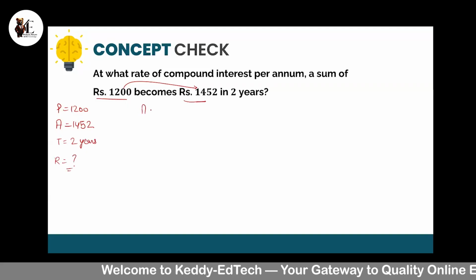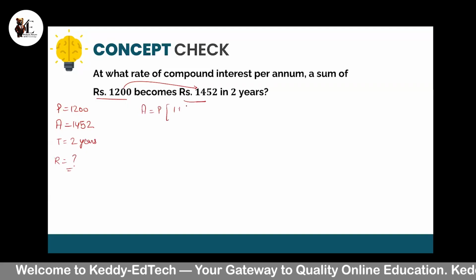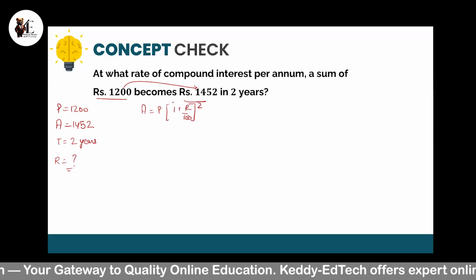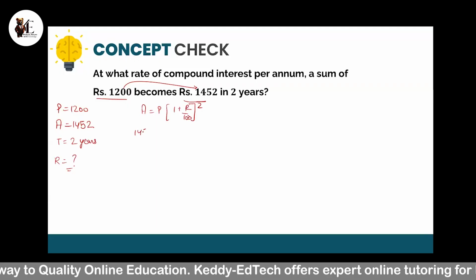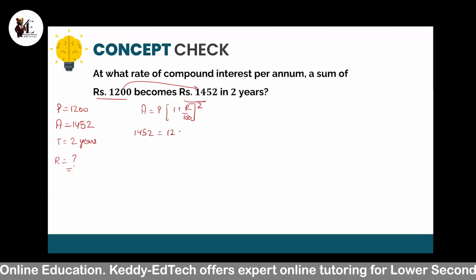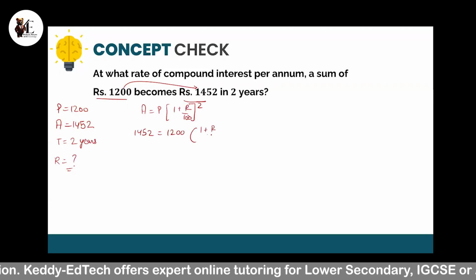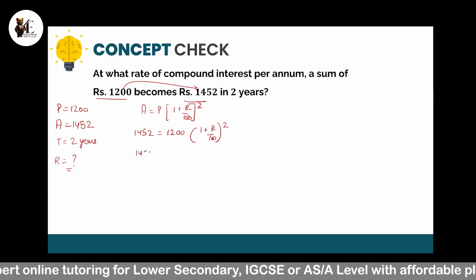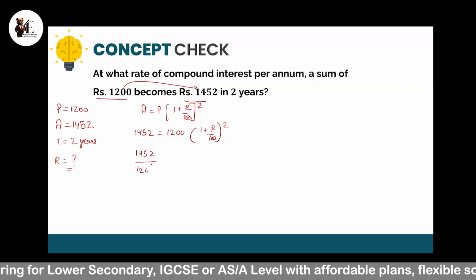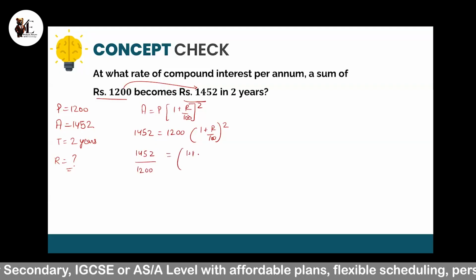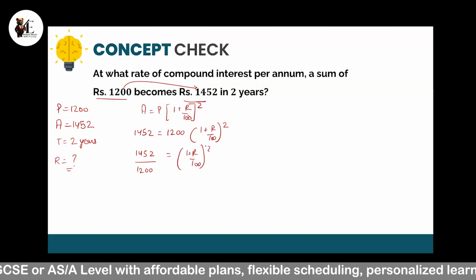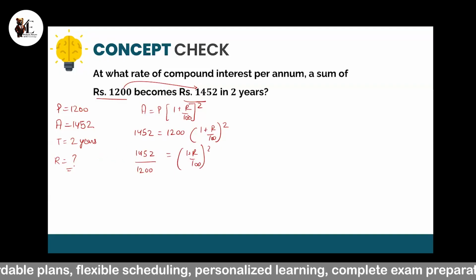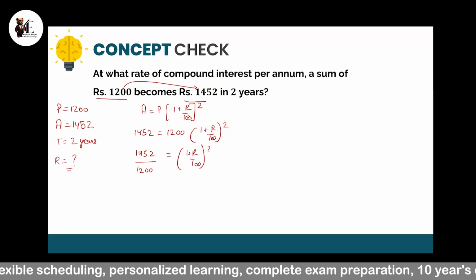So firstly, I'm writing the formula A is equal to P (1 plus R over 100) raised to the power 2. Now substituting the values of A and P, A is 1452, principal is 1200. So 1452 over 1200 equals (1 plus R over 100) squared. If I simplify, you can see that both numbers are even, so they are divisible by 2.